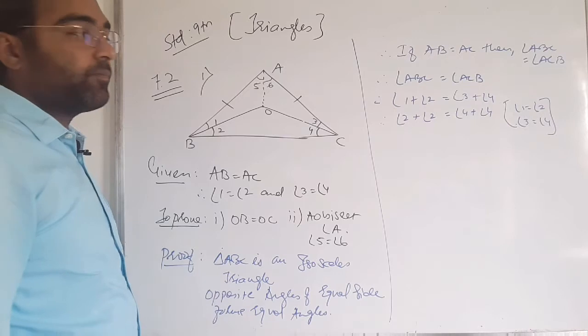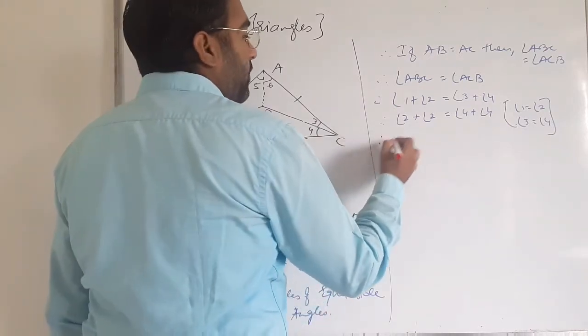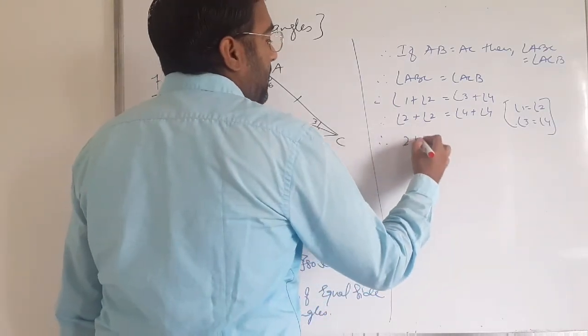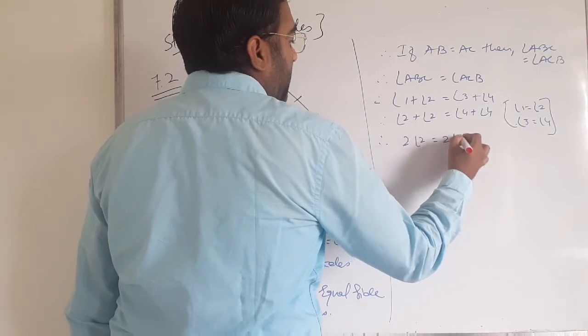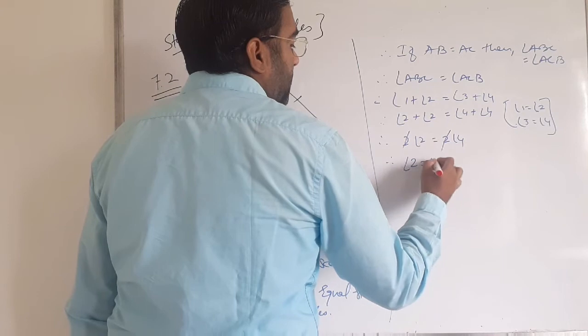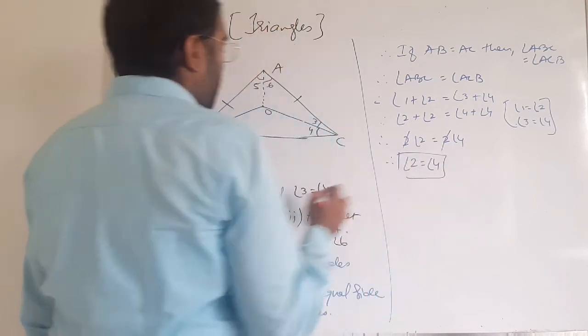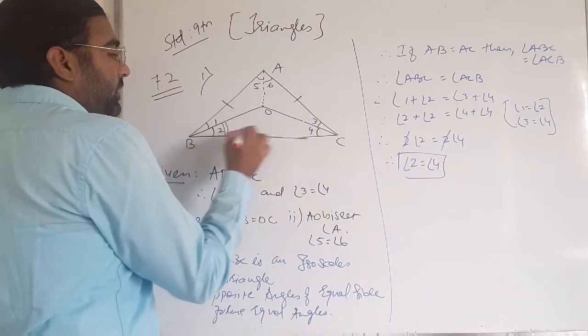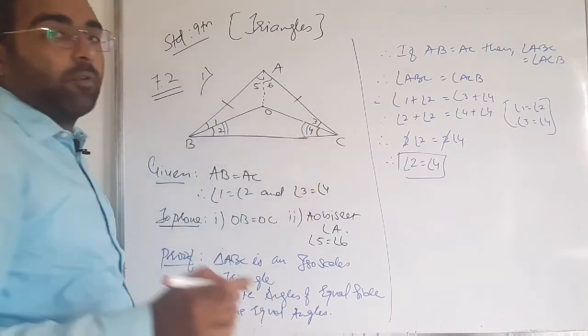Clear? Now 2 times angle 2 is equal to 2 times angle 4. The 2s cancel out, therefore angle 2 is equal to angle 4.